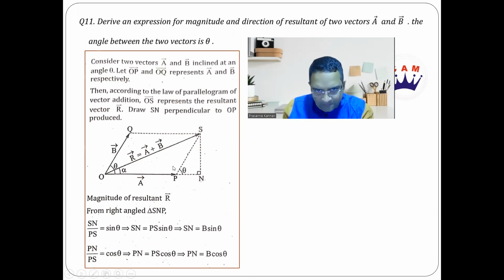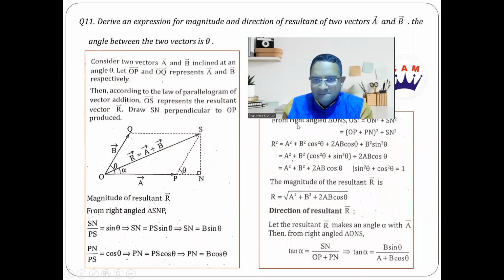But PS is the same as B, so it becomes B sin theta. Now adjacent divided by hypotenuse, PN by PS, will be cos theta, so PN is equal to PS cos theta, which is B cos theta. So PN is B cos theta and SN is B sin theta. That's what we got till here.